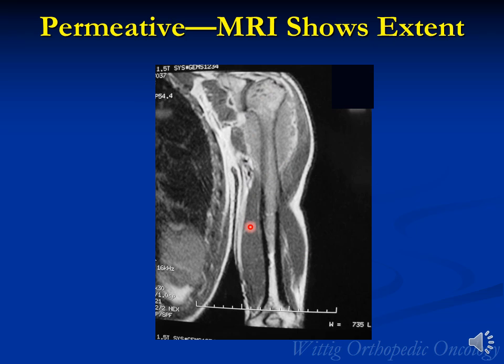But you look at the MRI, and you can see that the tumor extends from the proximal aspect of the humerus all the way down to the distal aspect, very permeative in nature. So MRI is very useful for determining the intraosseous extent of these permeative types of tumors.